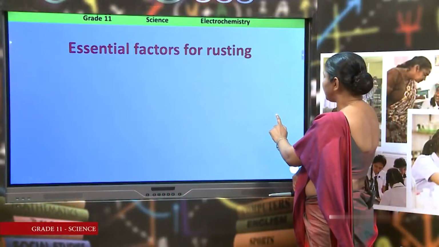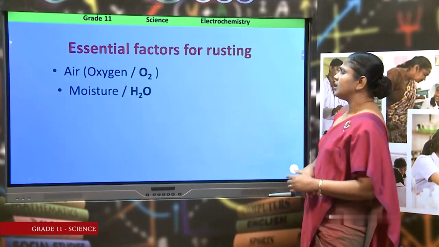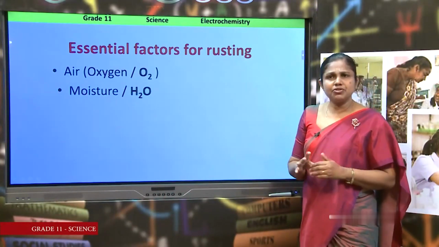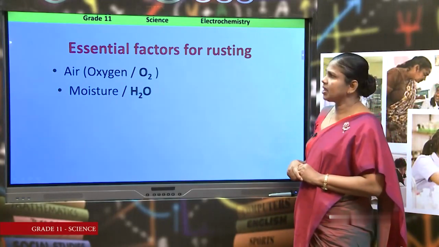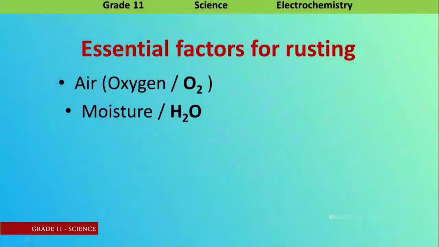Okay, before learning steps to control rusting of iron, let me tell you what the essential factors for rusting are, children. Here you can see air and moisture are essential factors.